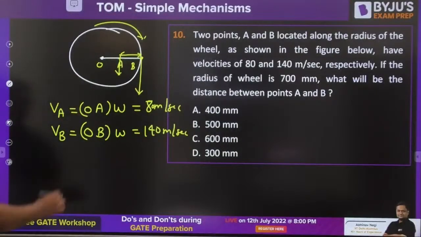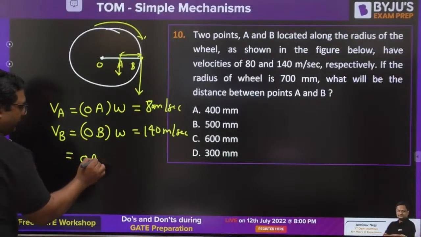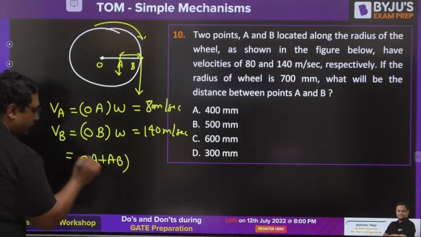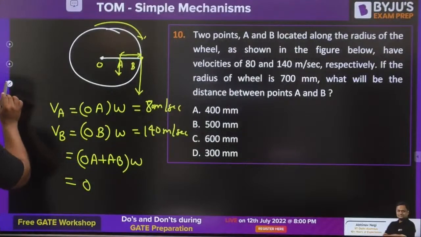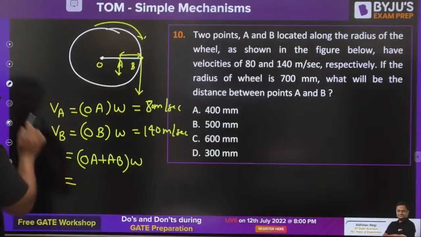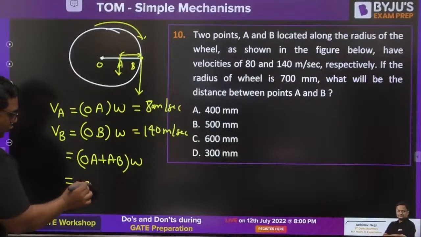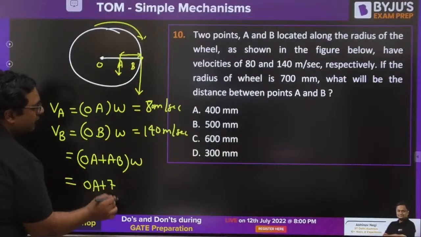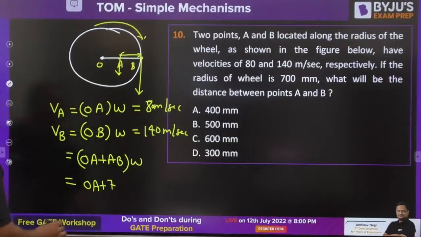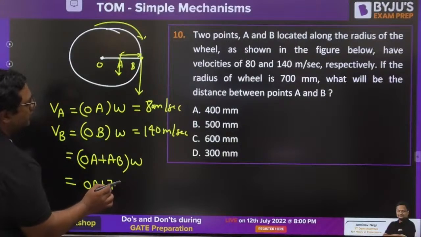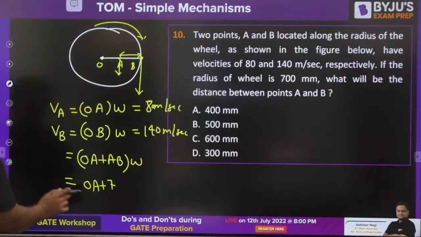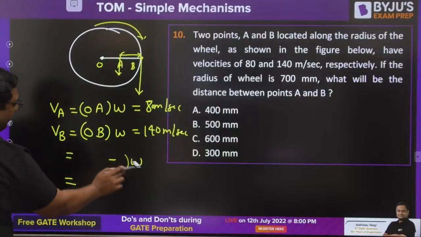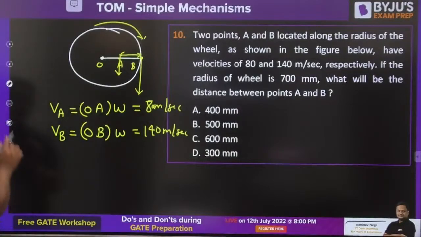And they have given AB, so you can write it as OA plus AB. OA is already given to us, AB is already given to us. So OA plus 700. Okay, sorry, OB is given to us as 700. Take the value as given and then find out.